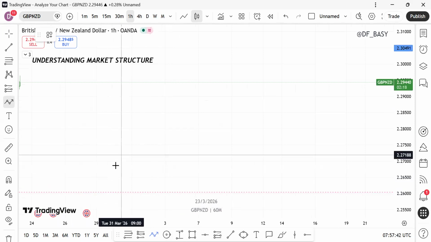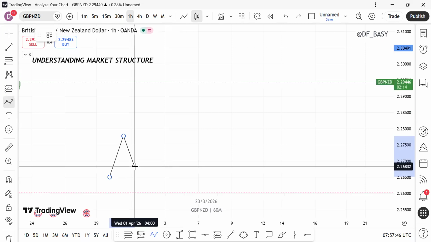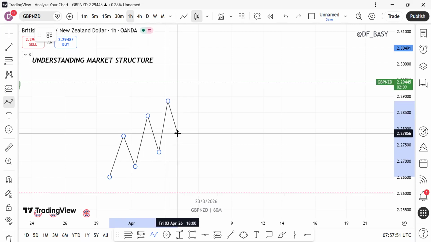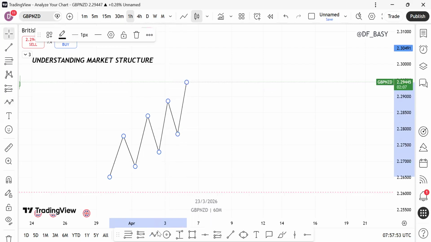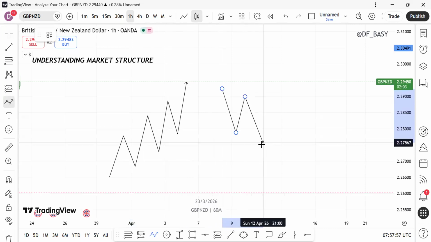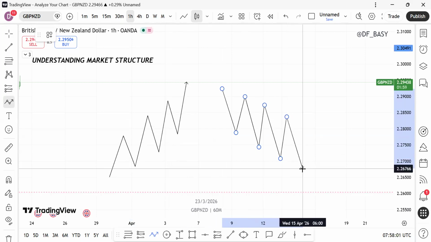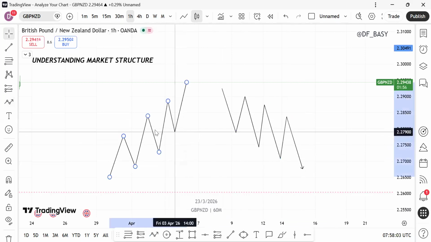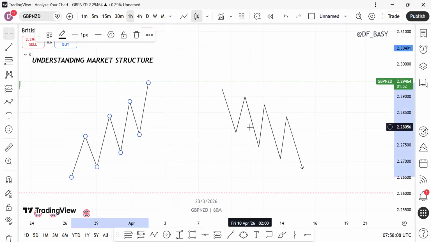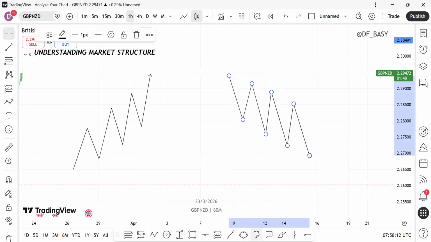So now in market structure, we have two types of structure. We have the bullish structure, then we have the bearish structure. This is the bullish market structure, and this is the bearish market structure over here. So let me write that out.